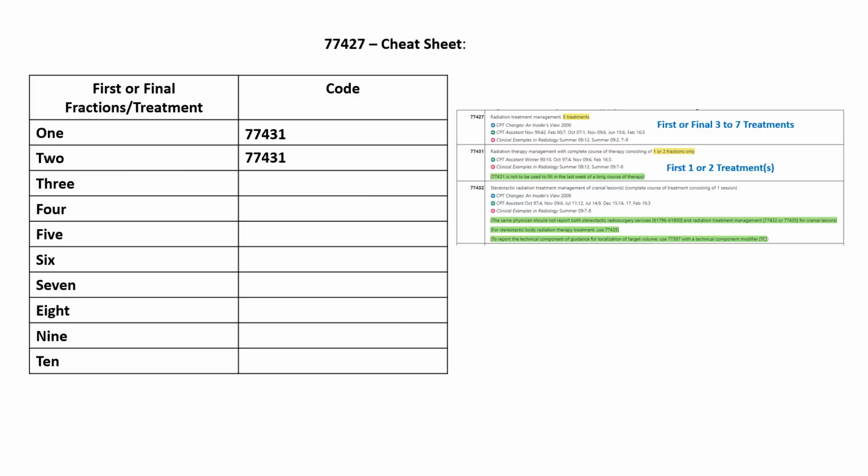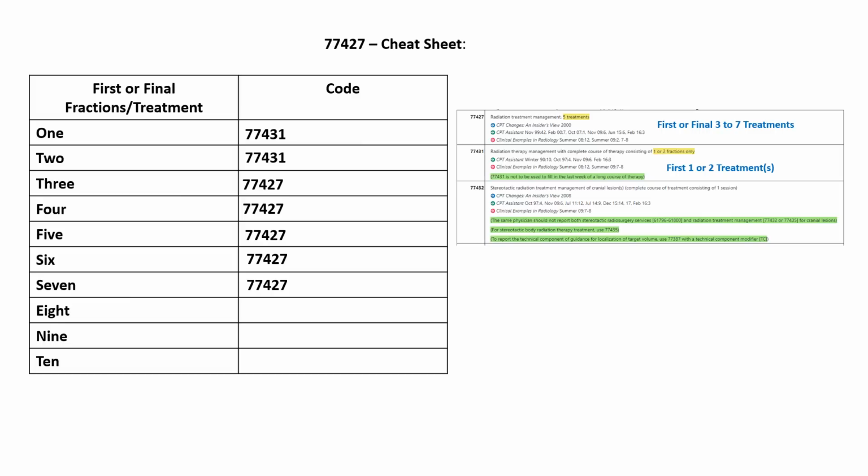So, 77427 is coded for 3 treatments. 77427 is coded for 4, 5, 6, all the way up to 7, 1 unit of 77427. Now, what if you had 8 fractions or 8 doses or 8 treatments?